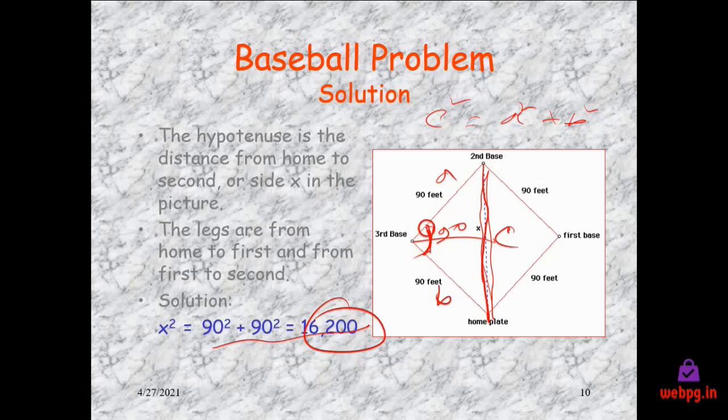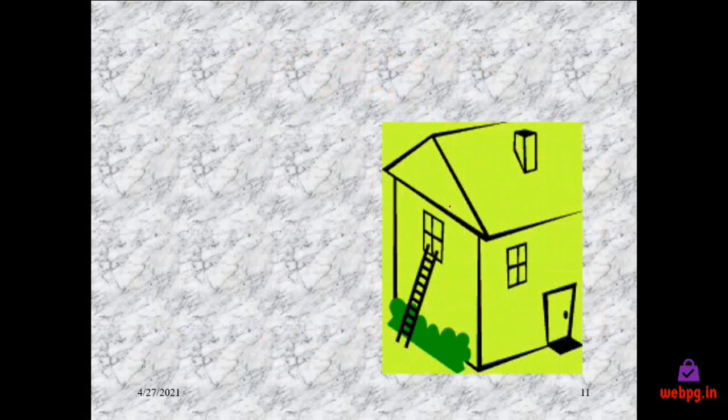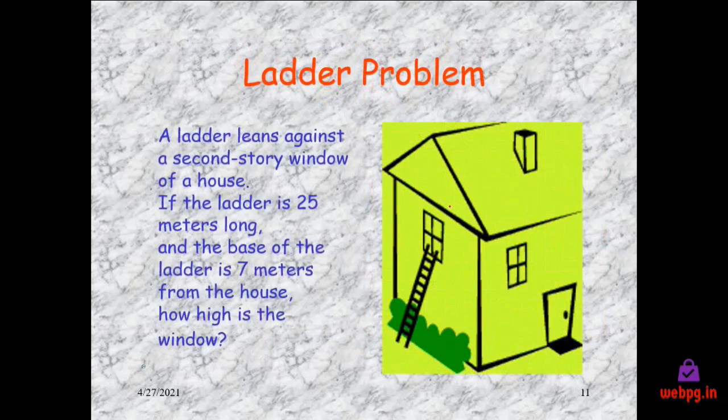Right, now let's move on to another one. Now the ladder problem, right? Many times questions ask how long the ladder should be. If you see, this is the length of the ladder, this is the height of the wall, and this is the distance from the ground.